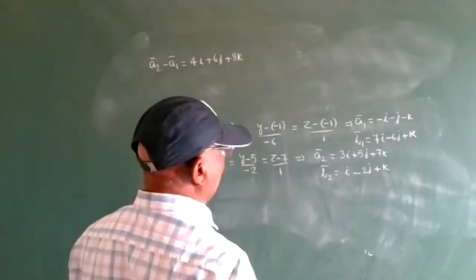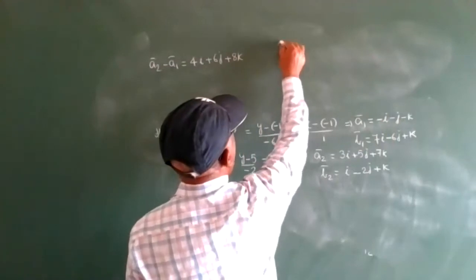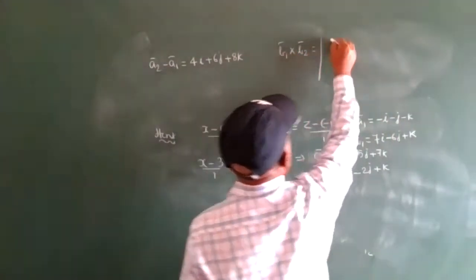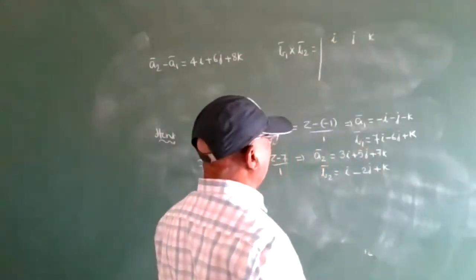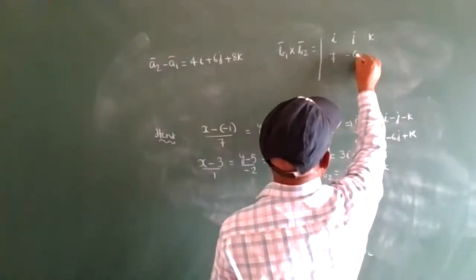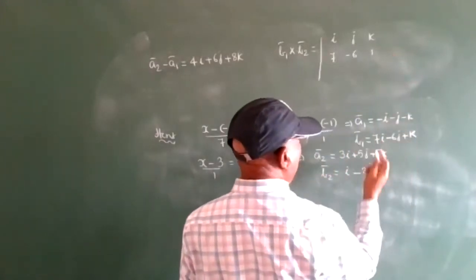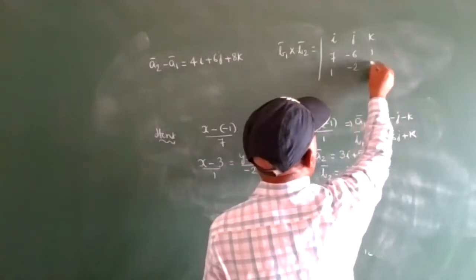All right. Next one, B1 bar cross B2 bar. B1 bar cross B2 bar is the determinant of i j k, with B1 bar components 7, minus 6, 1 and B2 bar components 1, minus 2, 1.